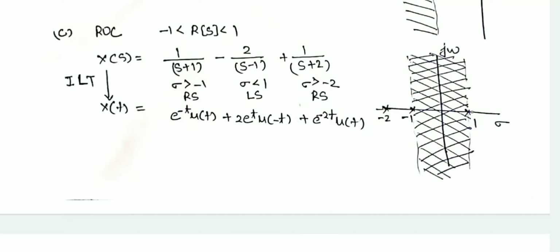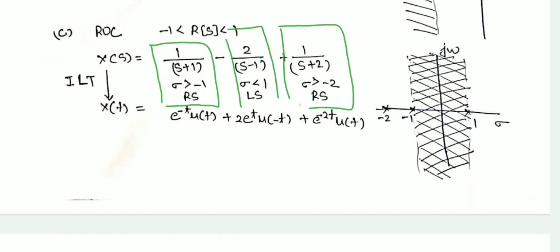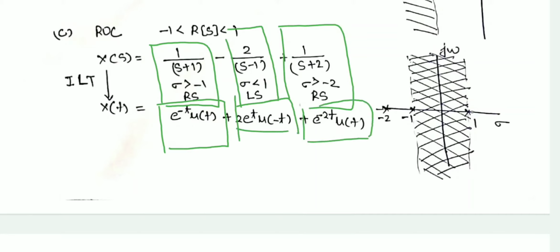Therefore, this signal is right sided, this signal is right sided, and this signal is left sided. Accordingly, we find the inverse Laplace transform and combine them.